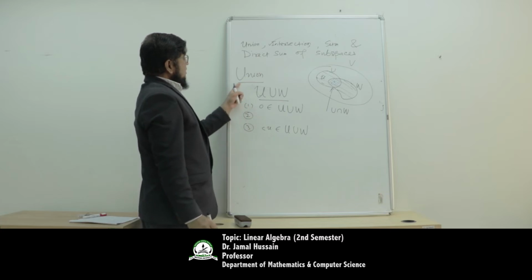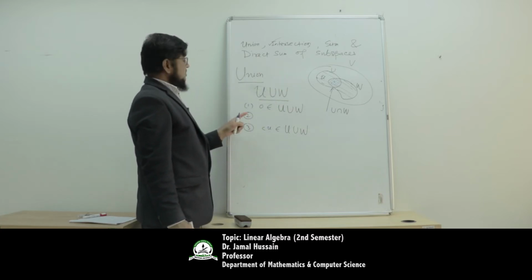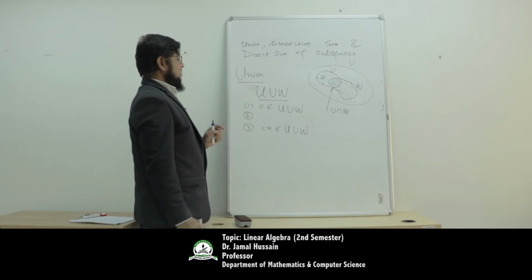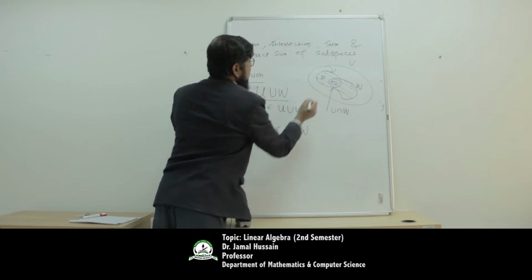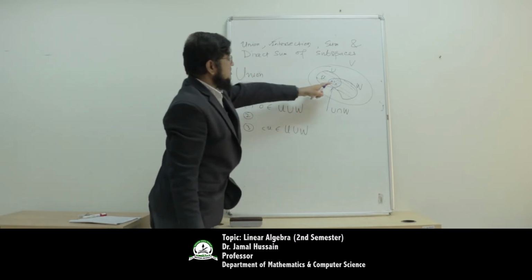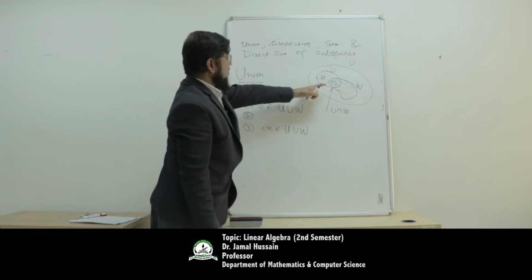But the union is not a subspace because number 2 fails. The criterion number 2 fails. Why? If I take two elements U and V both here in the intersection, then it is fine, and hence it will be in the union.